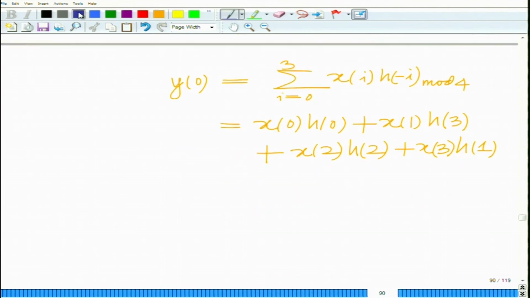And that will be 1 into 8 minus 1 into 2.